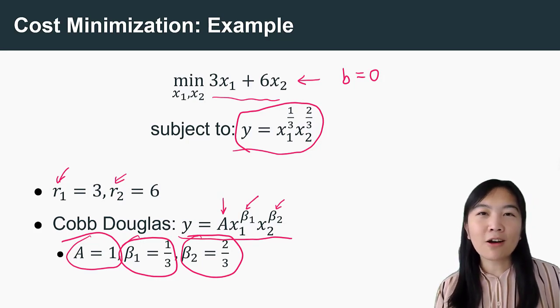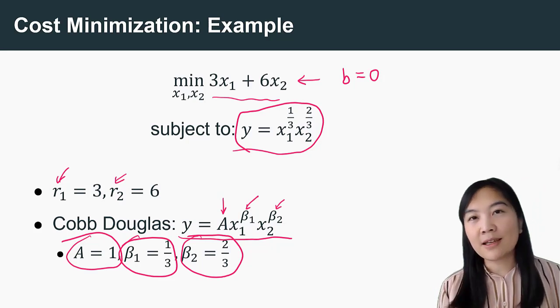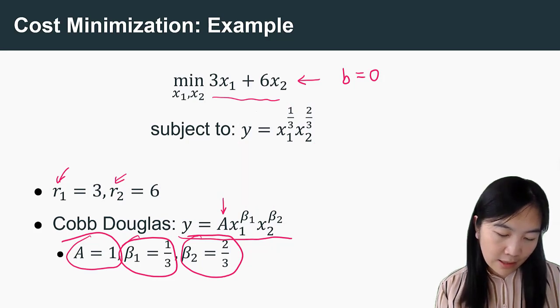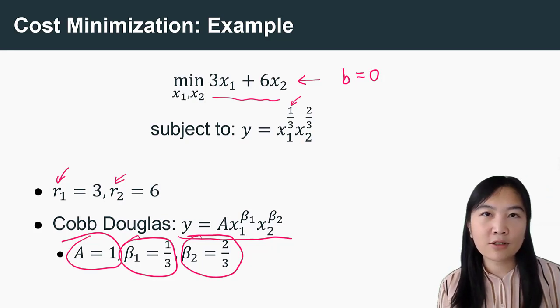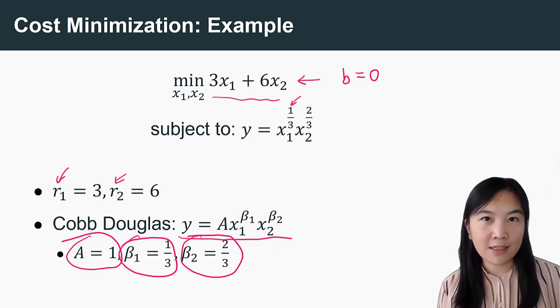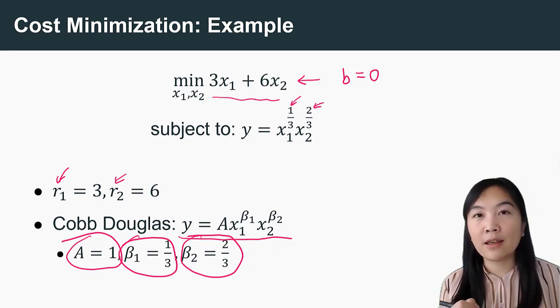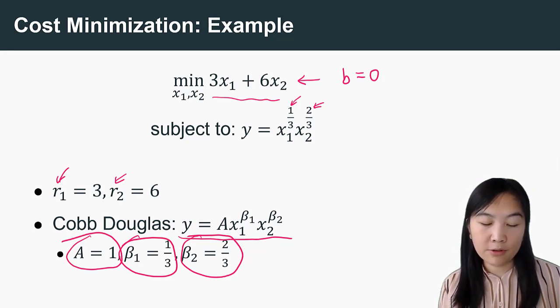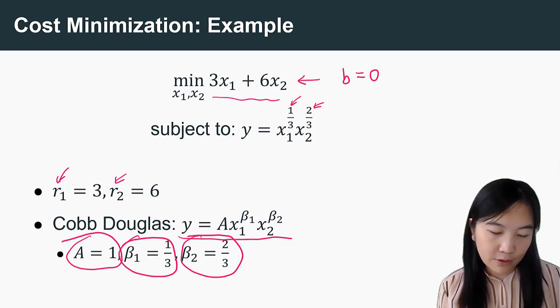Before I even start the cost minimization problem, there's some information that you can tell from this Cobb-Douglas function. This is actually an overview of what we have learned before. This 1/3 is the factor elasticity for input 1, and this 2/3 is the partial elasticity of production for input 2, and you can also say it's the factor elasticity for input 2.